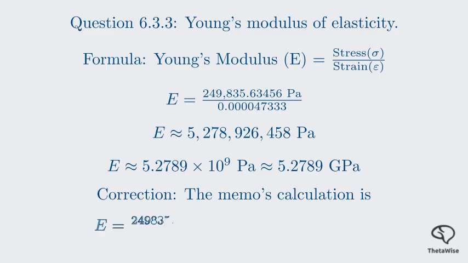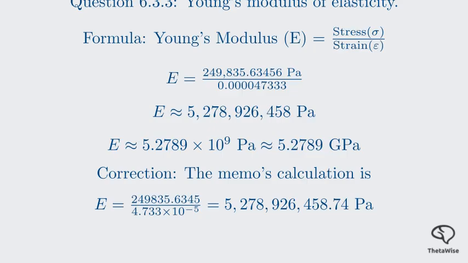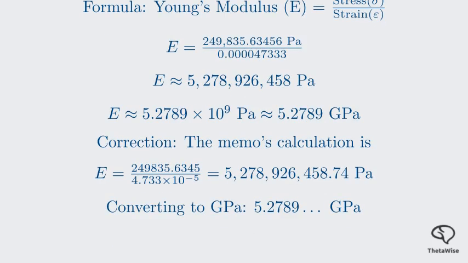This is also correct, but then for E, it divided 249,835.6345 by 4.733 times 10 to the power of -5 and got 5,278,926,458.74 pascals. It then rounded this to 5.279 gigapascals.